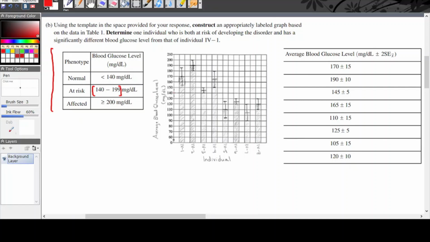And the only people who are in that range would be individual number 2, 3, and 4, all except 1, because we are comparing the individuals with individual number 1. And the question also says that the blood glucose level needs to be significantly different from that of individual 4-1. So the only individual who has a blood glucose level significantly different from that of individual 1 is individual 4-3. So that's the only answer that you'll get in this question.